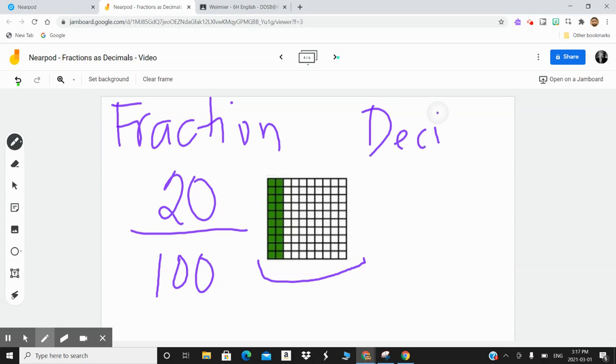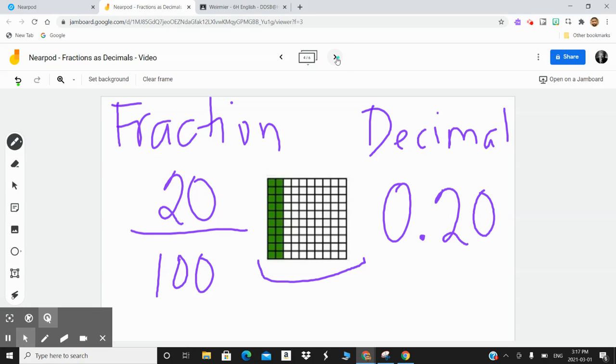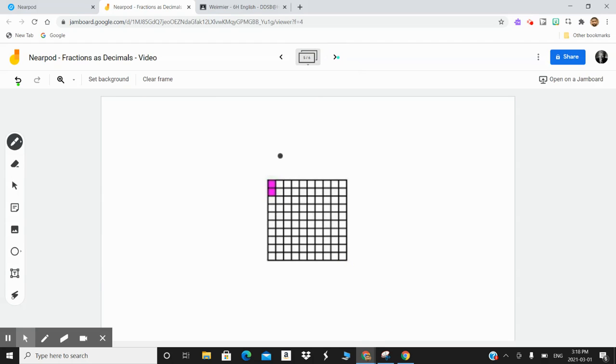Right now, I want you to write that as a decimal number. So take a moment. I'll just wait here, twiddling my thumbs, and you're going to write it as a decimal number. If you wrote 0 and 20 hundredths, you would be correct. All right, let's try the next one. Still hundredths over here. We're still in hundredths land.